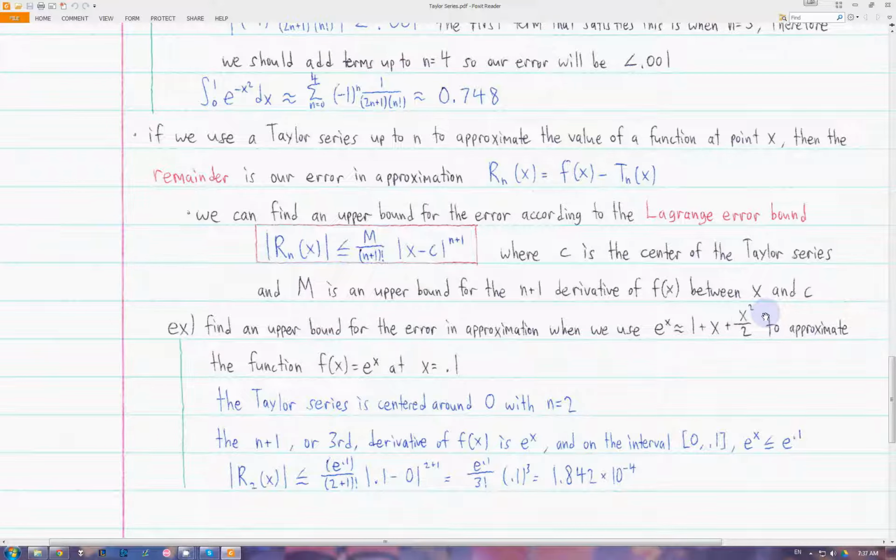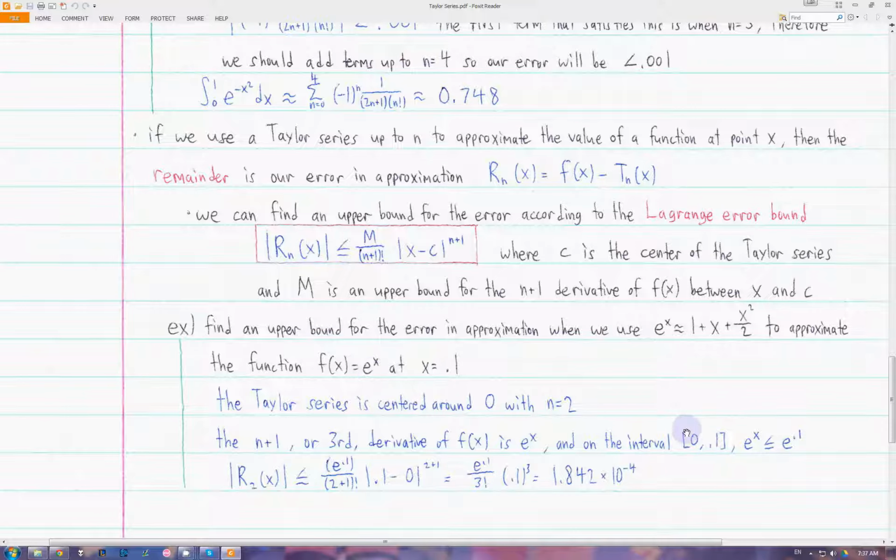And it's a Maclaurin polynomial, so it's centered at 0. So we need to find M. n is 2, so the n plus 1 derivative of f of x is the third derivative of e to the x, which is of course e to the x.